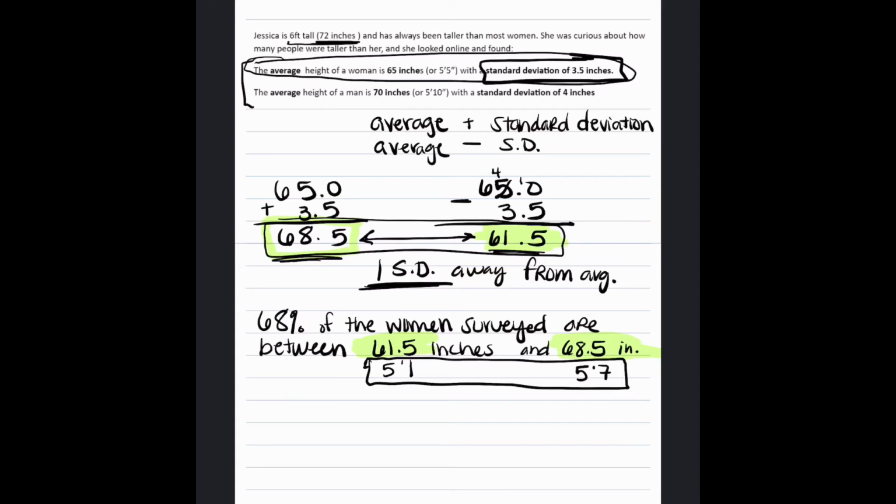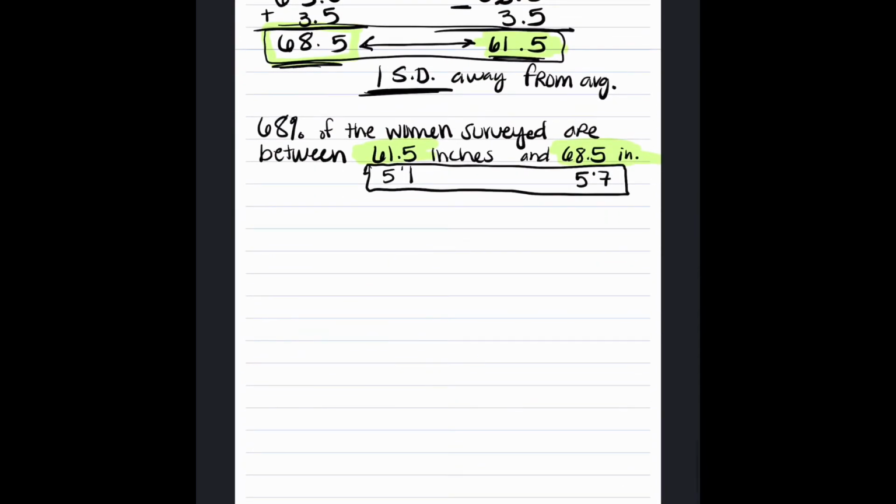So in order to include everyone else who is not within one standard deviation, we're going to do it again and find how many people are 2 standard deviations away. So we're going to take these two values here, and I'm going to add and subtract the standard deviation. So for 61.5, I'm going to subtract the standard deviation again, and for 68.5, I'm going to add the standard deviation.